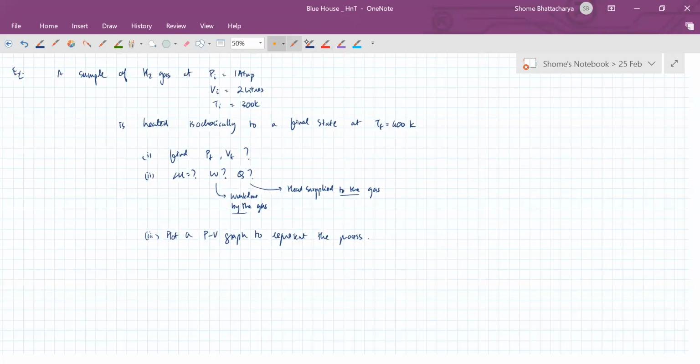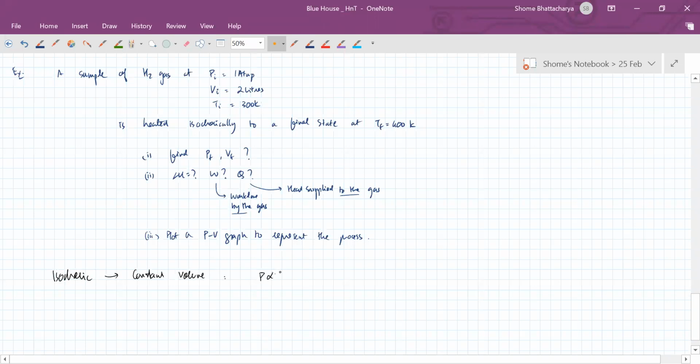Okay. See, when you're doing a question like this, what is expected is that you should understand what isochoric means. The definition of isochoric is constant volume. So from that you understand that pressure will be proportional to temperature and volume is constant.